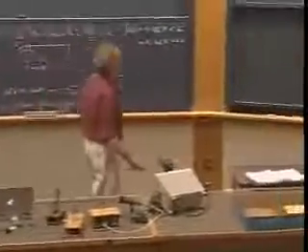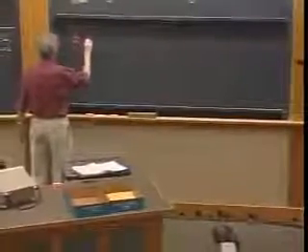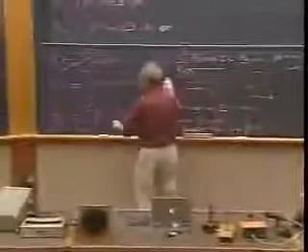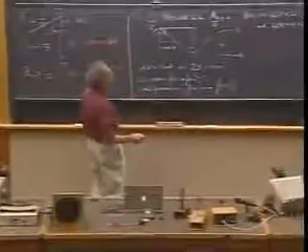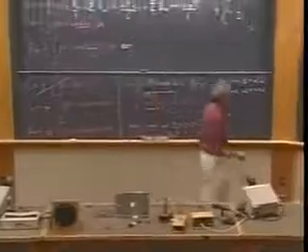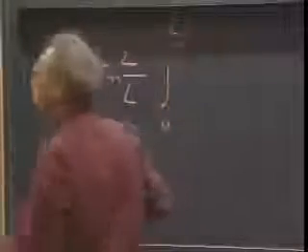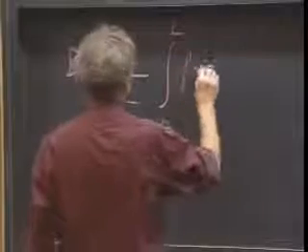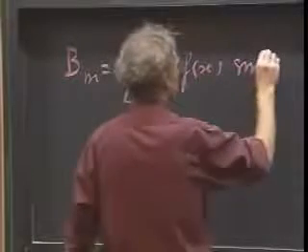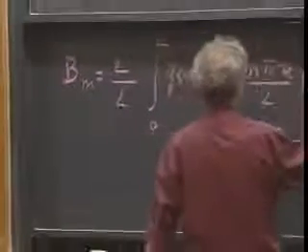It is for that, and only for that reason, that Tony French gives you a much easier way to calculate Fourier components in strings. And he says, all you have to do is say that B of m is 2 divided by L. He multiplied the recipe by 2. So instead of having, where is my recipe? Instead of having 1 divided by L, he says, no, you should really do 2 divided by L. But then he says, all you have to do is now integrate between 0 and L of the function of x times the sine of m pi x divided by L times dx.